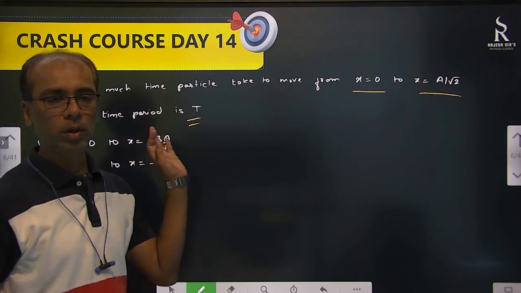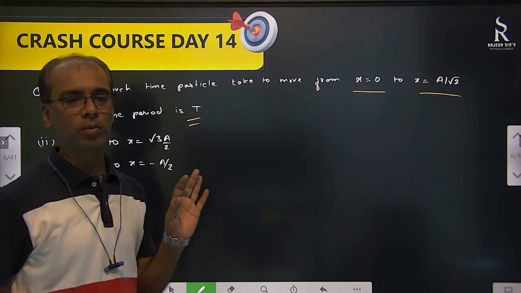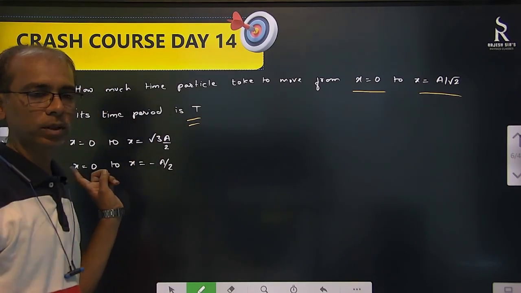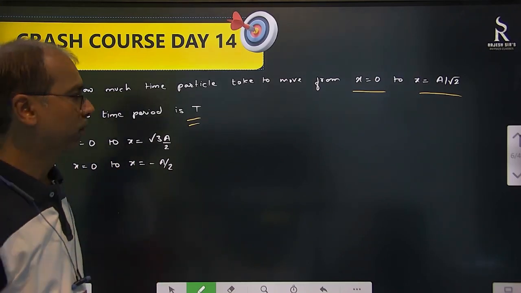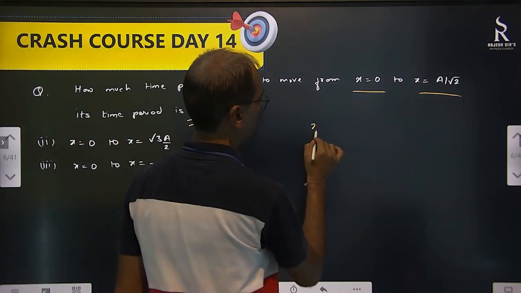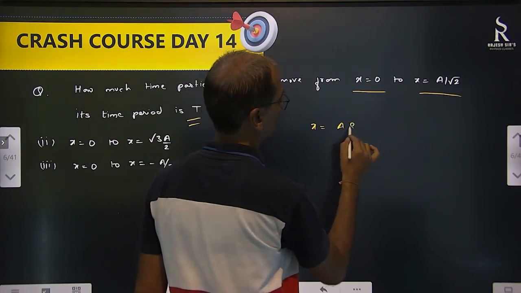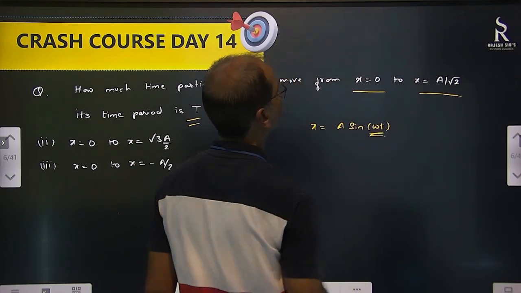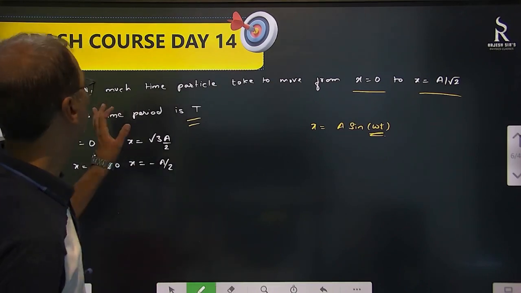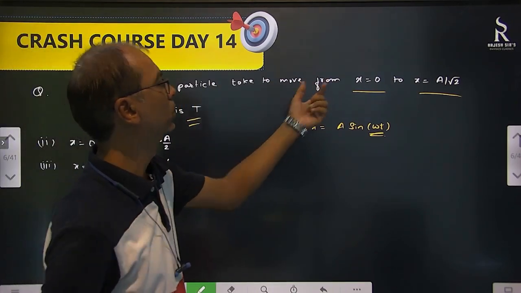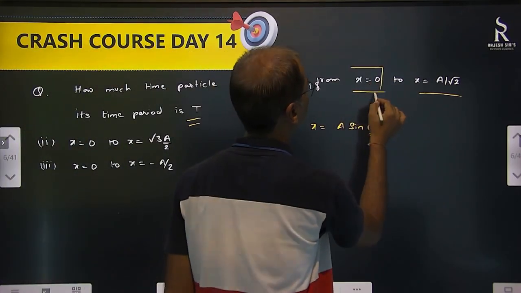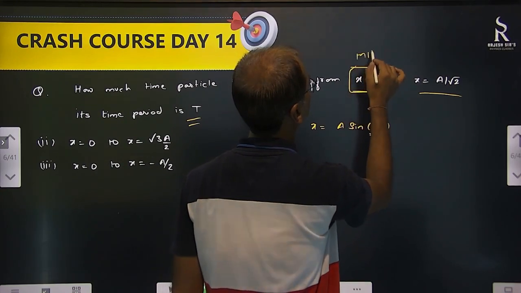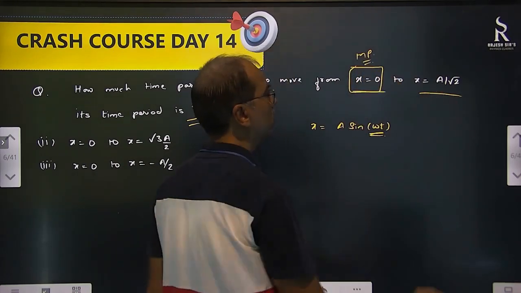Now, what is the formula? x equals A sin omega t. There we got y equals A sin omega t, no problem. So, how much time does the particle take to move from x equal to 0? Now, x equal to 0 means the mean position. So the particle is moving from the mean position to A by root 2.